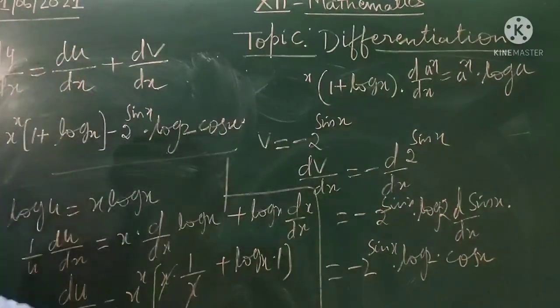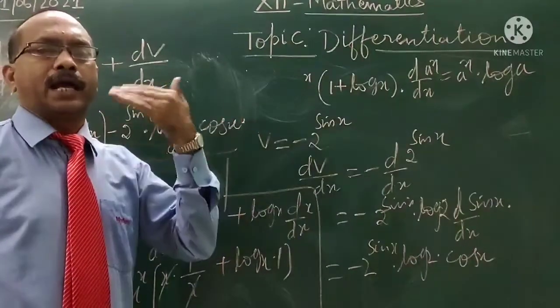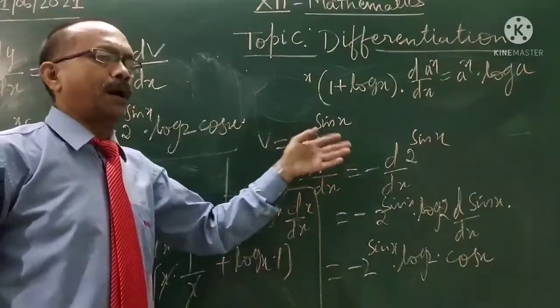So it is the derivative of the given function x power x minus 2 power sin x.